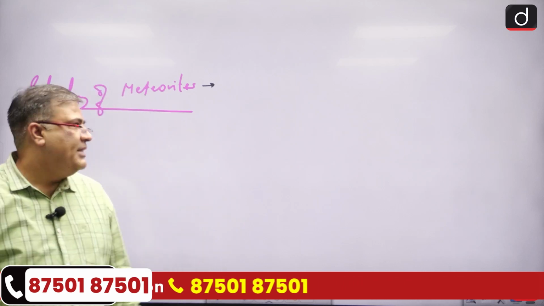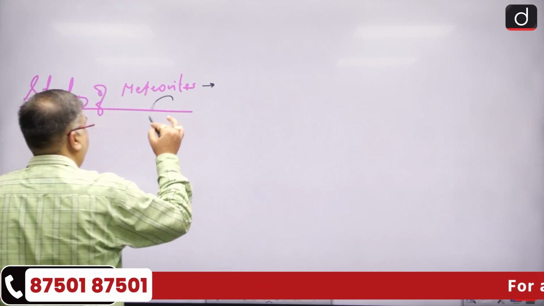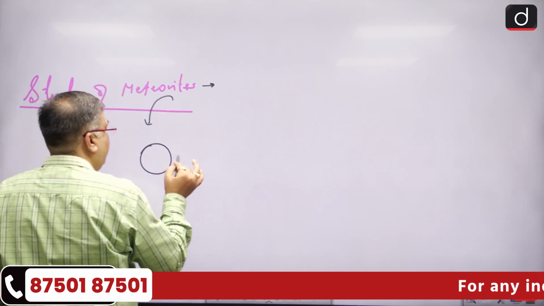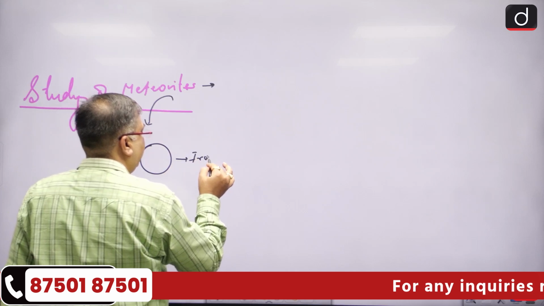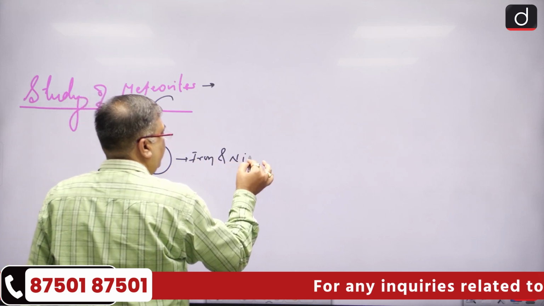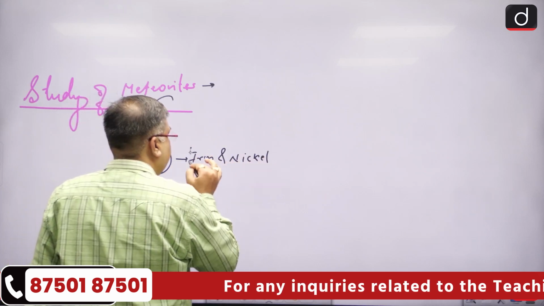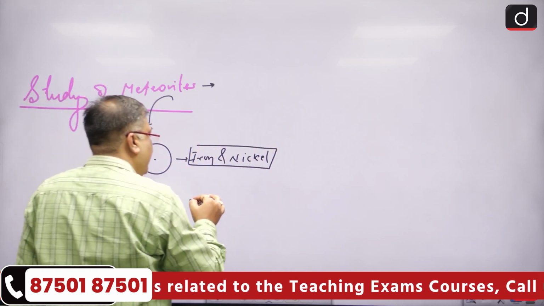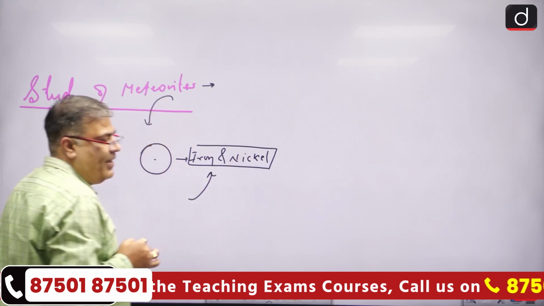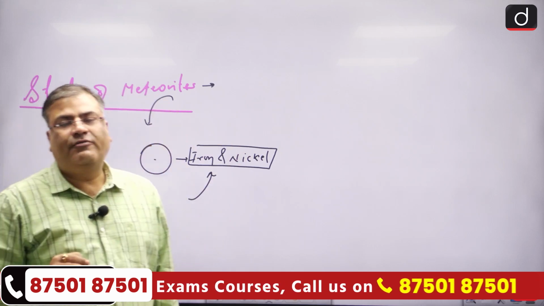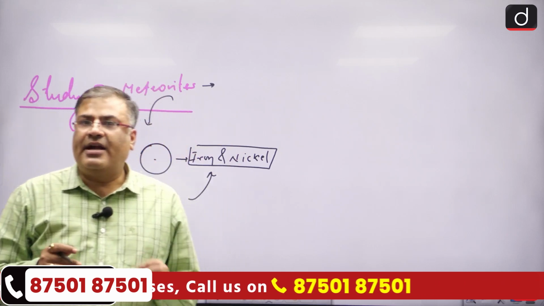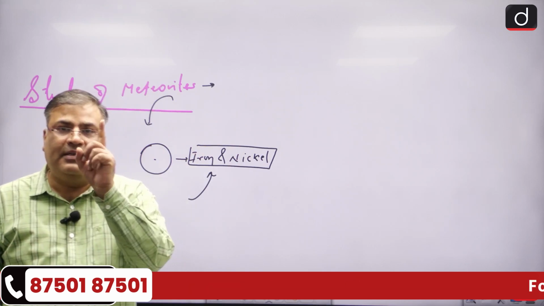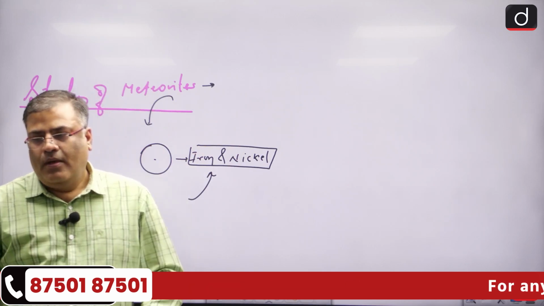And it also suggests that the meteors have their body mainly made up of iron and nickel. Remember that this finding is actually the main reason why we suggest that the core of the Earth should be made up of iron and nickel. One important reason is this one also.